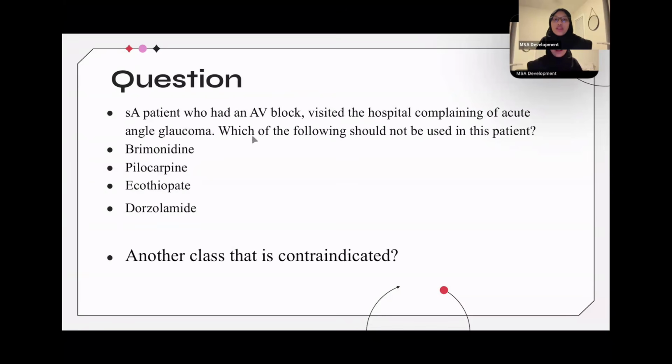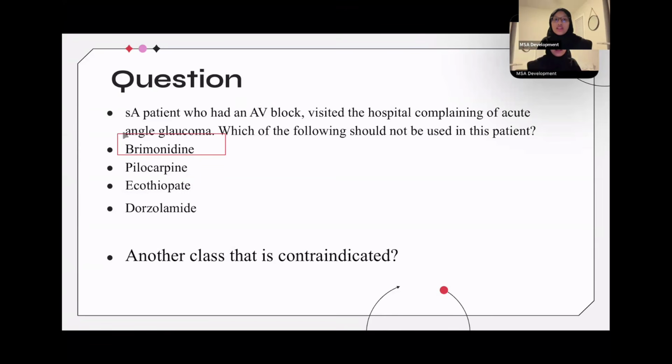A patient who had AV block visited the hospital for acute glaucoma. Which of the following should not be used in this patient? So if someone has AV block, like heart, we said beta blockers. If you don't see beta blockers, go with something that will cause systemic vasoconstriction or vessel problem, like alpha agonist.